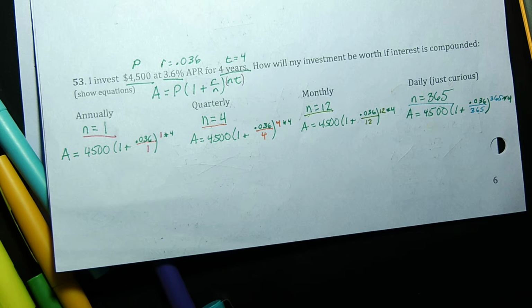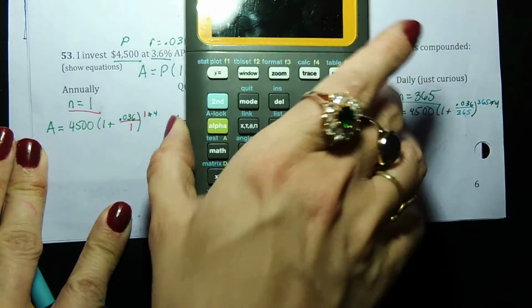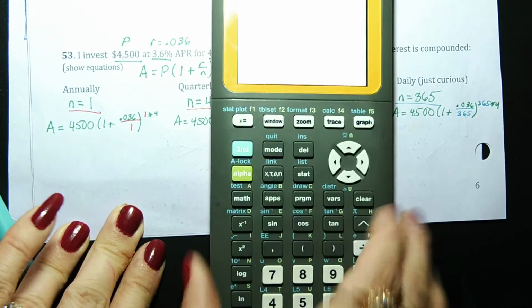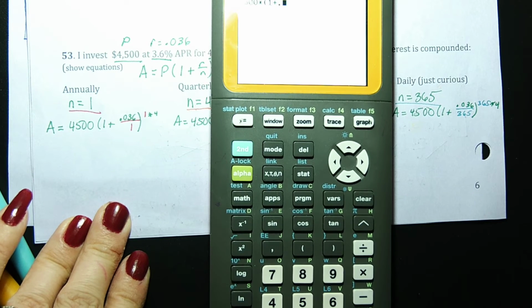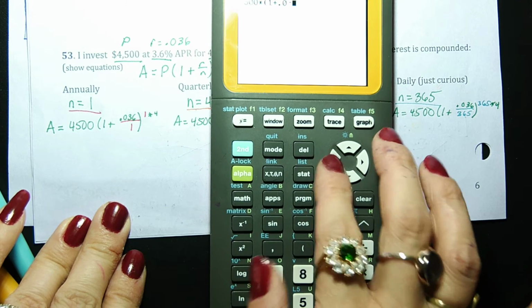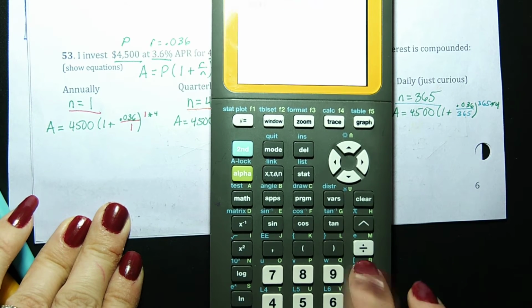So we're going to start typing these in on our calculator to see what the final amount is for each of these. So 4,500 times 1 plus 0.036, raised to the 1 times 4.